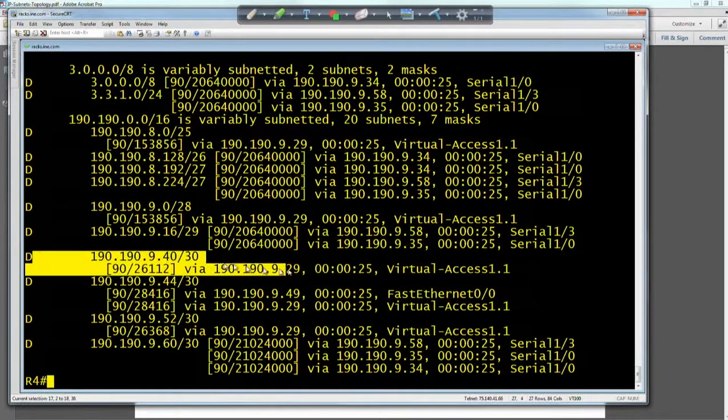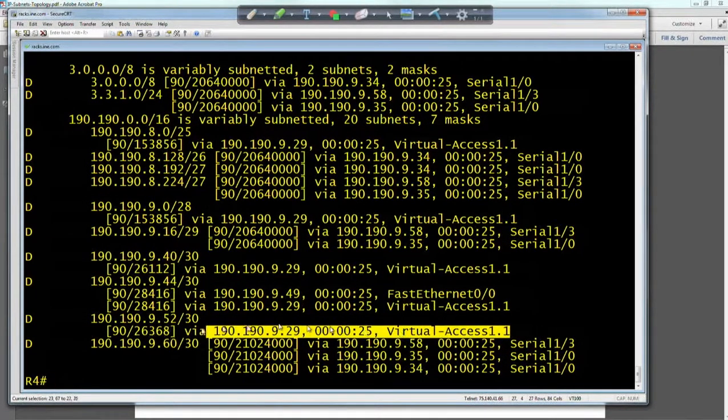Now to get to the 9.40, which is subnet C, we're now preferring the PPP over Ethernet connection. So it worked. It also worked on a couple other ones, like here, 9.52. What is that? That's subnet G. So now we're preferring the PPP over Ethernet to get to that.